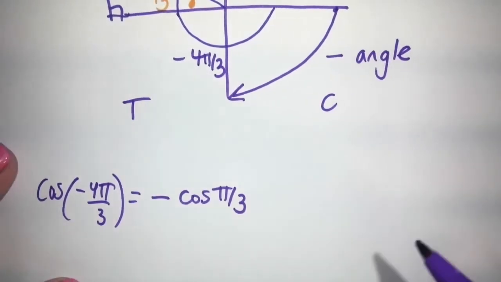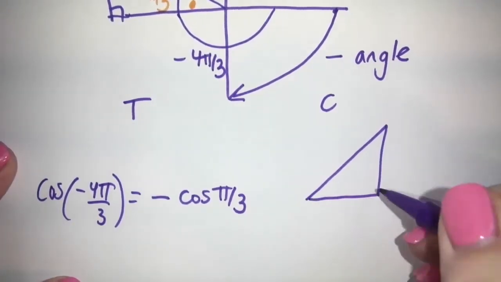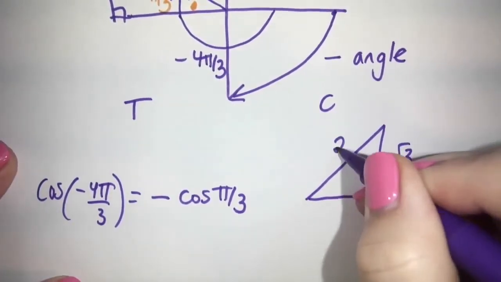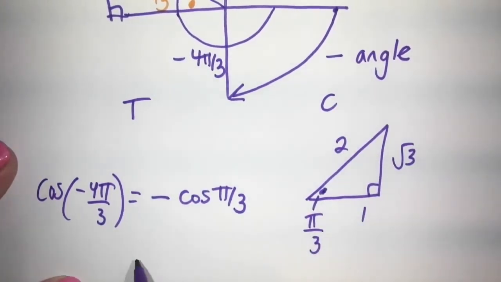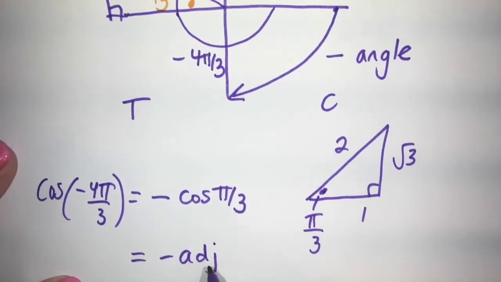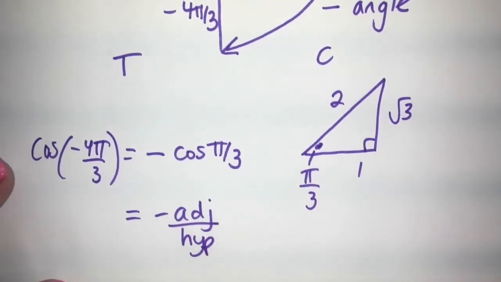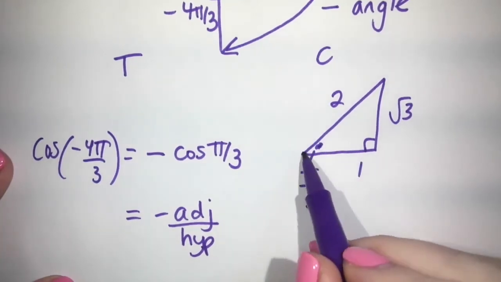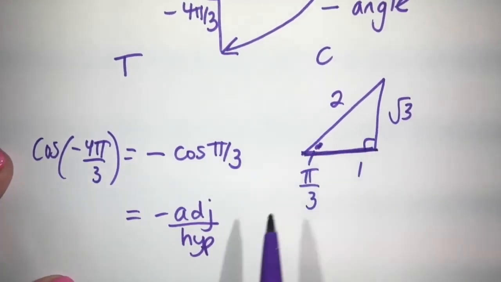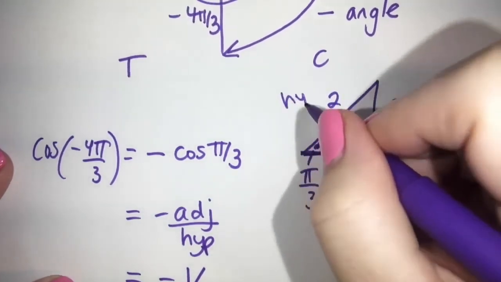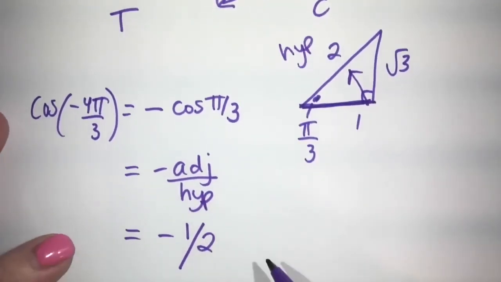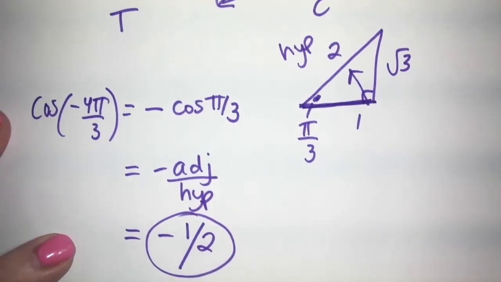And for cos pi over 3, we're just going to look at our special triangle, draw it out. 3, 2, 1, pi over 3 is the bottom. And cosine, we know we need adjacent over hypotenuse from SOHCAHTOA. Adjacent is touching pi over 3, that would be 1. And hypotenuse is always across from the right angle, so that would be 2. And so our answer would be negative 1/2 for part A.